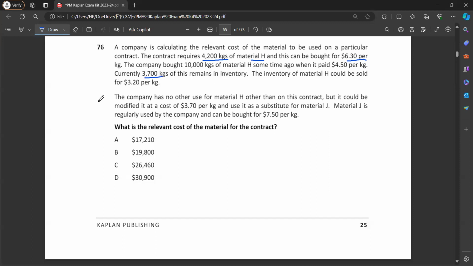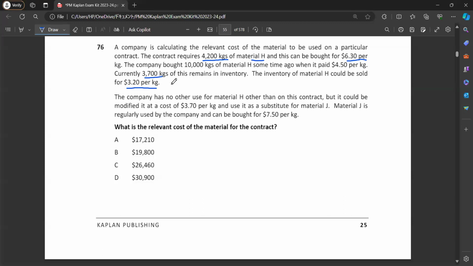The inventory of material H could be sold for 3.20 per kg. So there is an alternative use mentioned for the available inventory of 3,700 kgs of material H. This can be used for the special contract. Out of 4,200, 3,700 kgs are already available, which need not be purchased now.